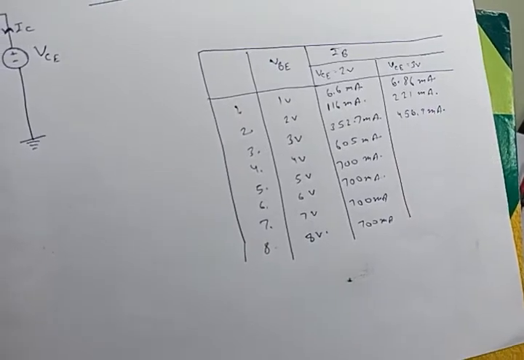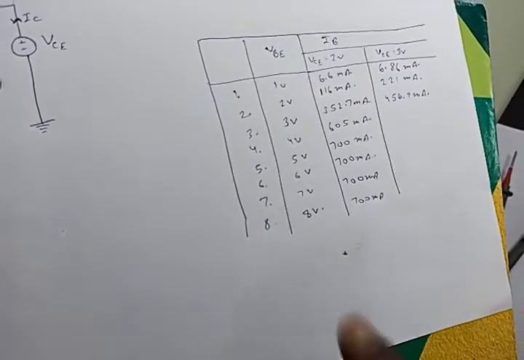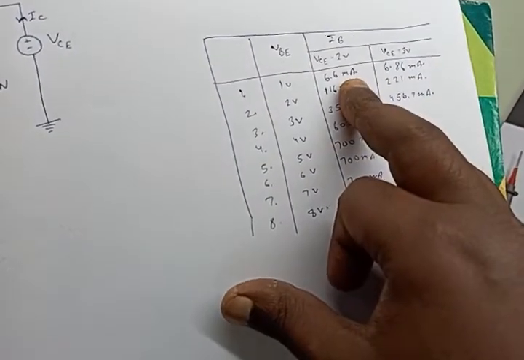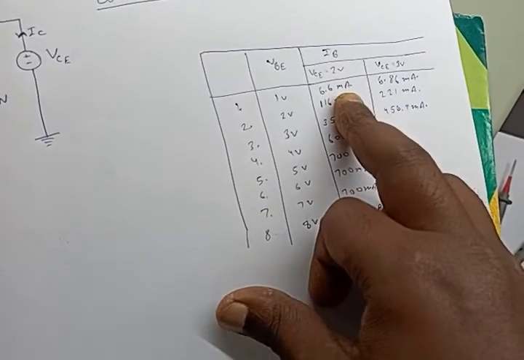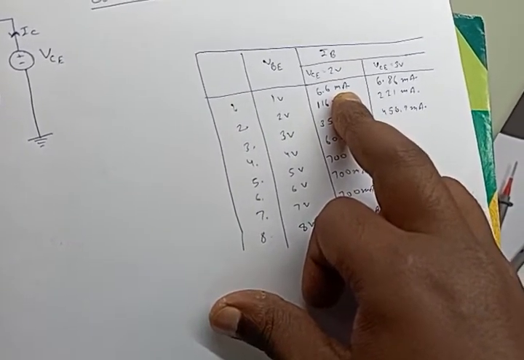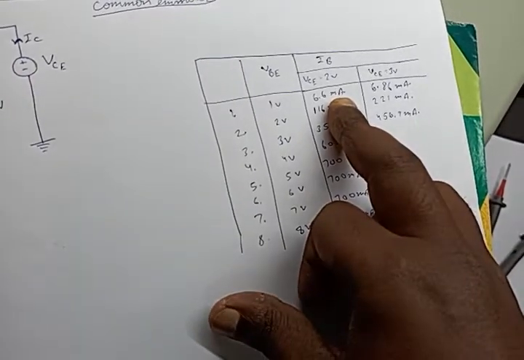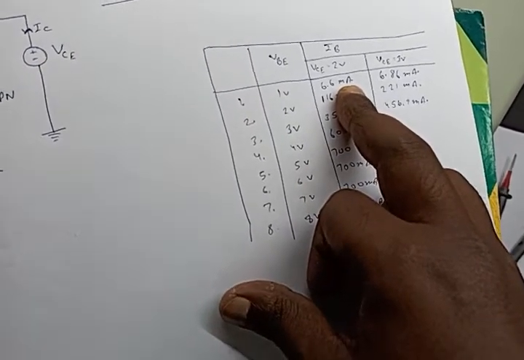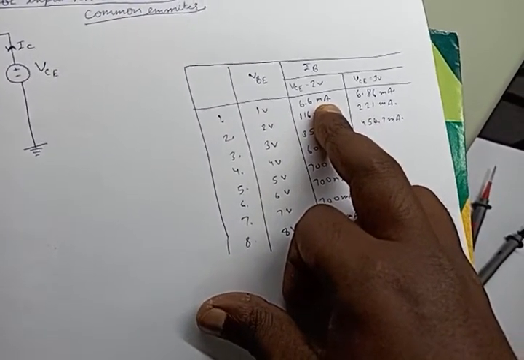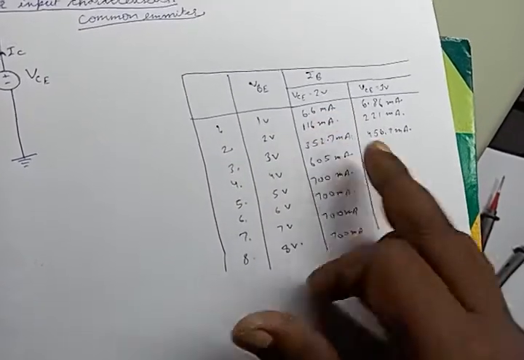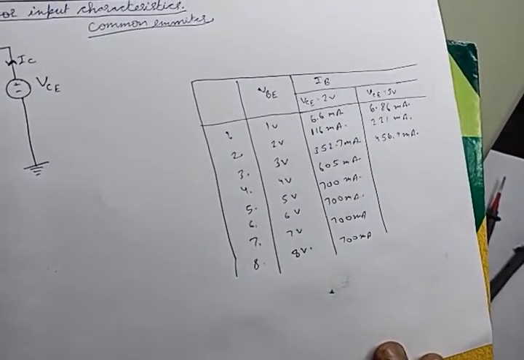So in this way you can draw the VI characteristics, which will be the input characteristics of an NPN transistor in common emitter configuration.